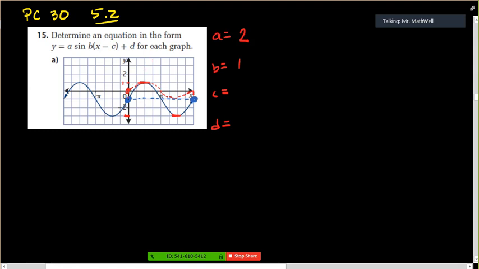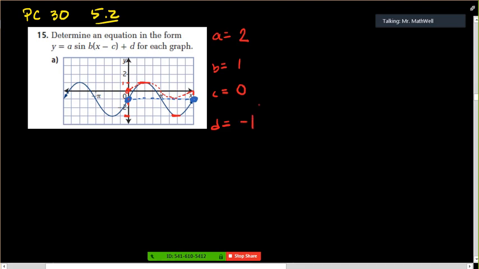It looks like it starts right at x equals 0 here as well, so there's no shift at all. I think we can go with C being 0. It has not shifted left or right. But D has definitely gone down, so we're going to put a -1 for D.